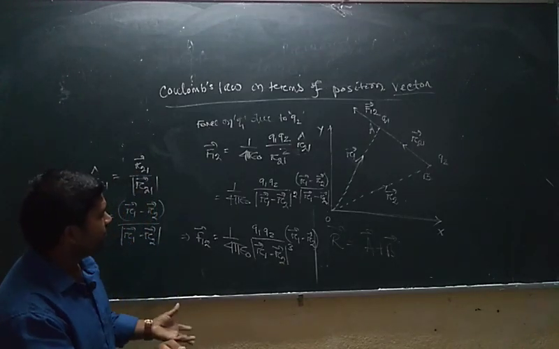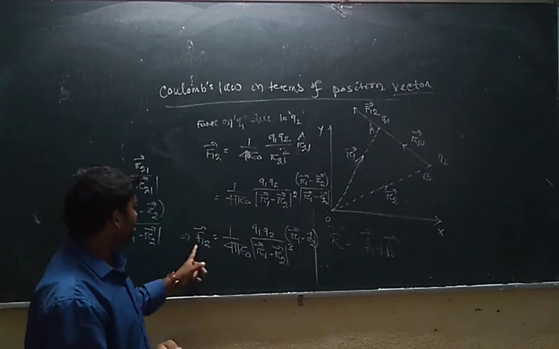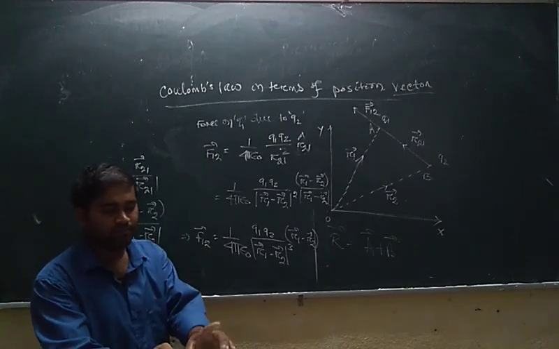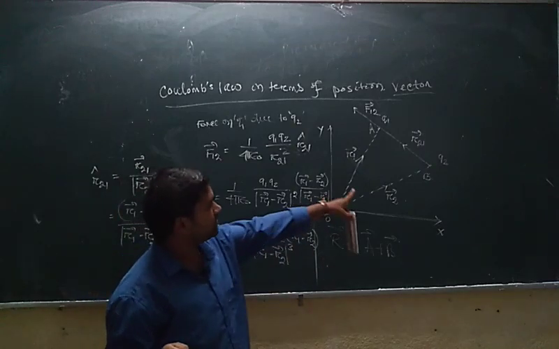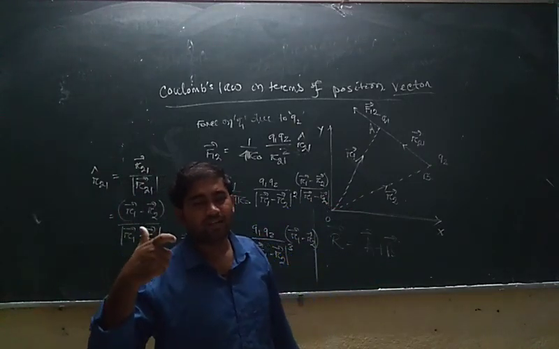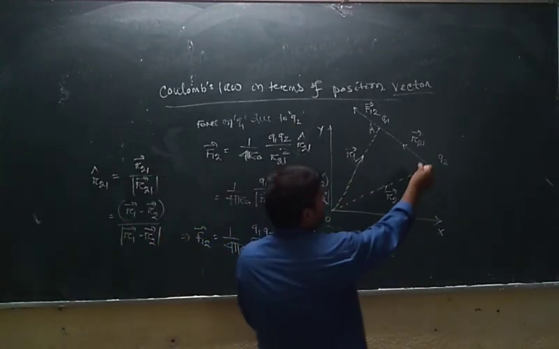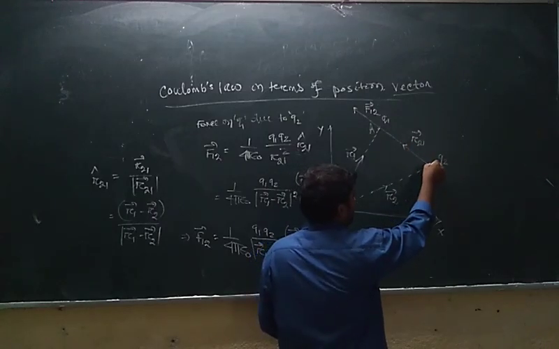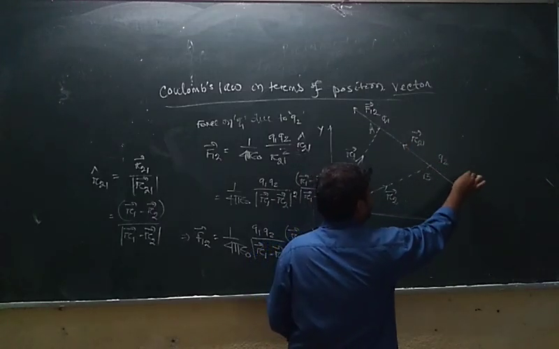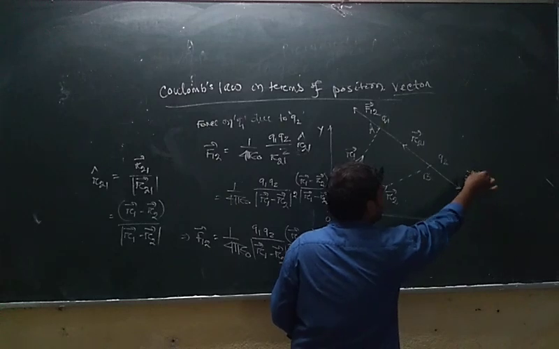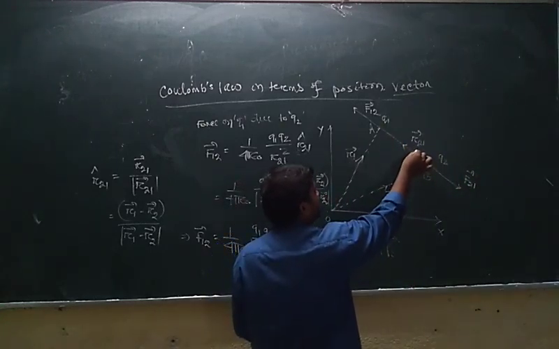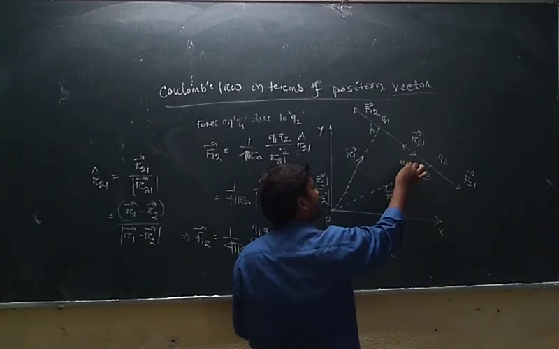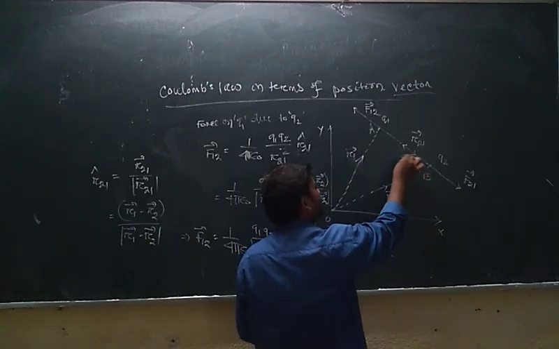Similarly, you can calculate the F21 vector, and I picture the direction of F21. The F21 vector will be along the AB direction, and when we take the measurement of F21, that will be the direction of the R12 vector.